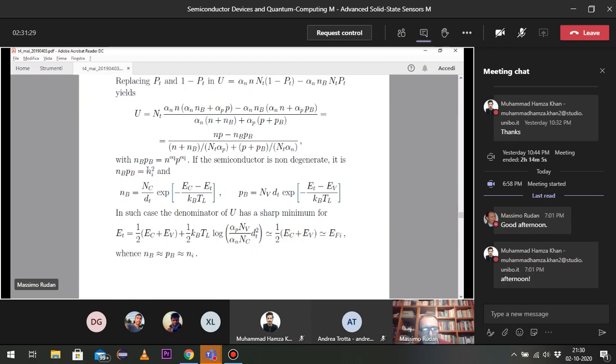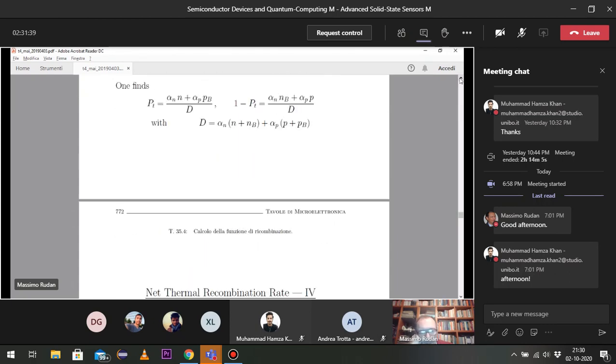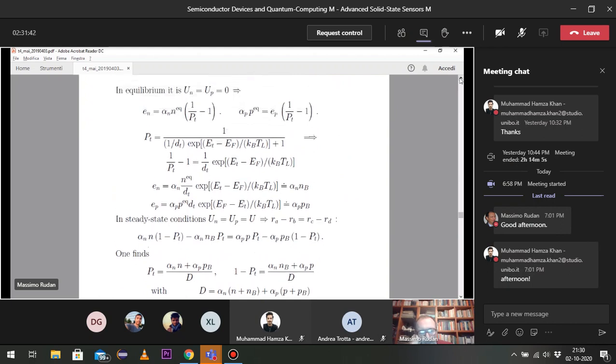This also implies that NB can be simplified, okay, because it's a calculation for which we would need the blackboard, but remember, in the non-degenerate case, n equilibrium is capital NC, the effective density of states of the conduction band, times the exponential of EF minus EC.